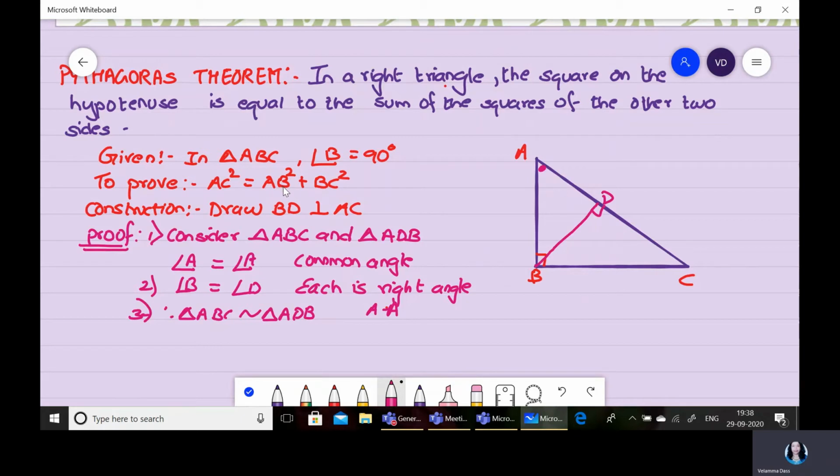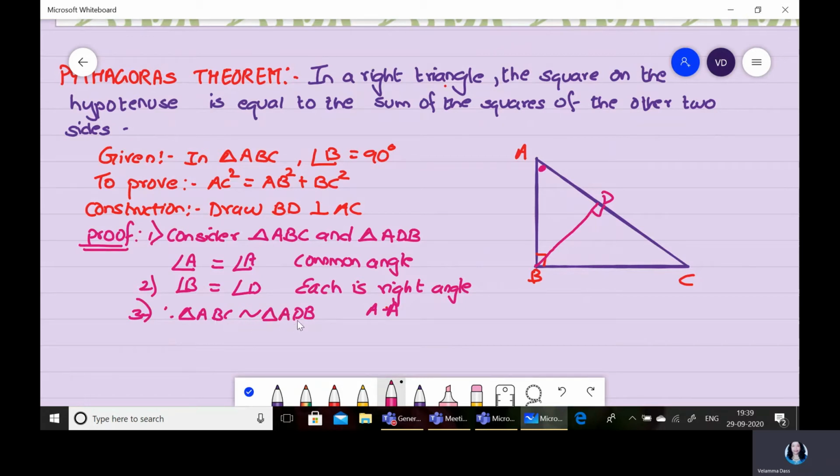Our aim is to find AB square, so let's write the corresponding proportion. Before we write the corresponding sides, first check whether the correspondence is written correctly. While writing the similarity, you have to be very careful. A is the first letter in triangle ABC and also the first letter in triangle ADB.